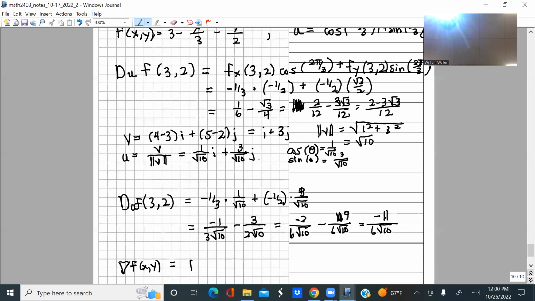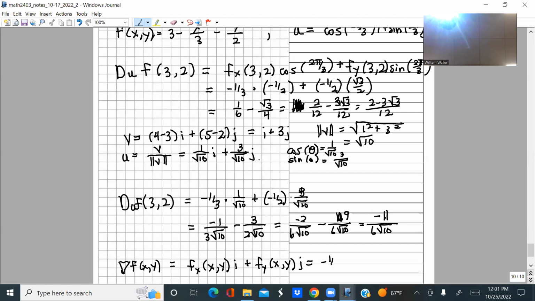So partial derivative with respect to x, you just multiply that by i, plus partial derivative with respect to y times j. Yeah, I think that's it, right? Okay, so let's see. Well, we can just fill those in, correct? Because we know what these partials are.